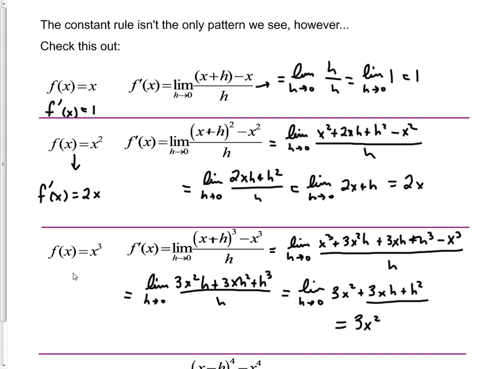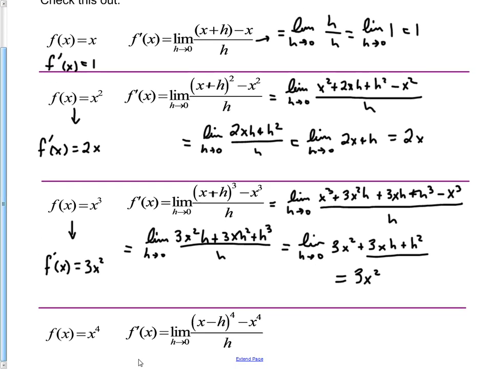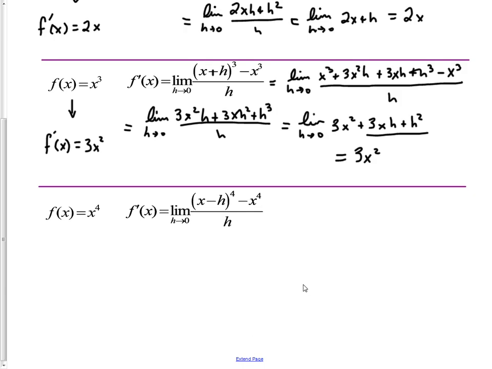So the derivative of x cubed is 3x squared. Do you see the pattern yet? Sometimes people do, sometimes people don't. There is one going on right here, but let's take one more try at this.